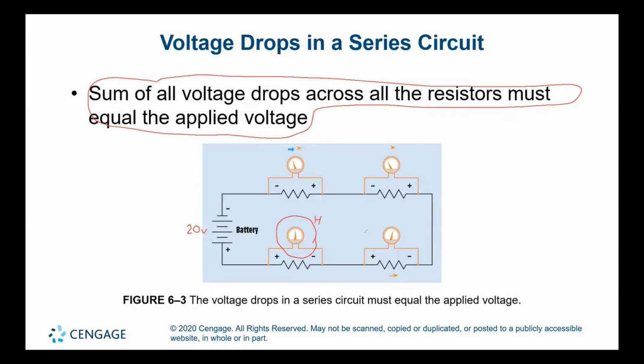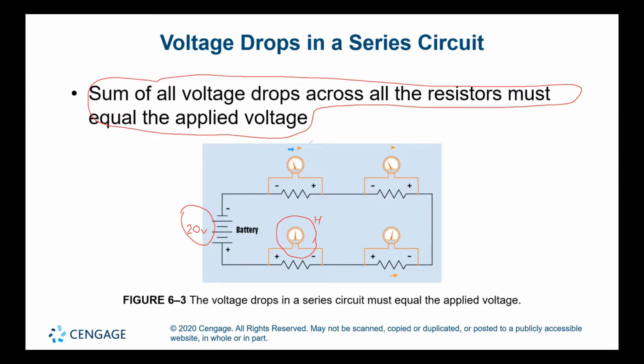So in that instance, I still have my 20 volt input, but my question is, which one do you think is gonna have the higher voltage? If this has a high resistance, I'm gonna give you numbers because it's gonna be easier.